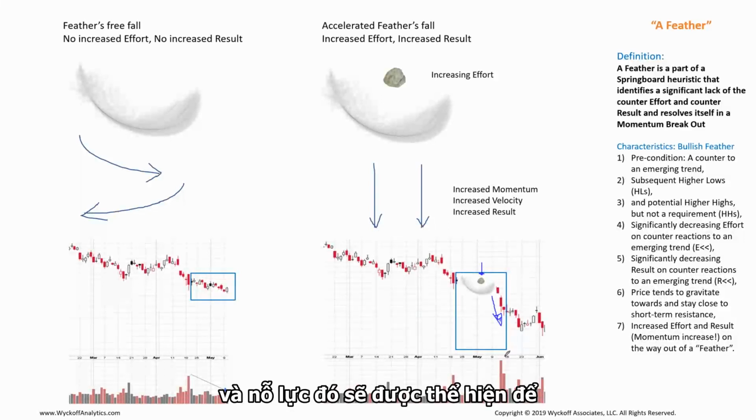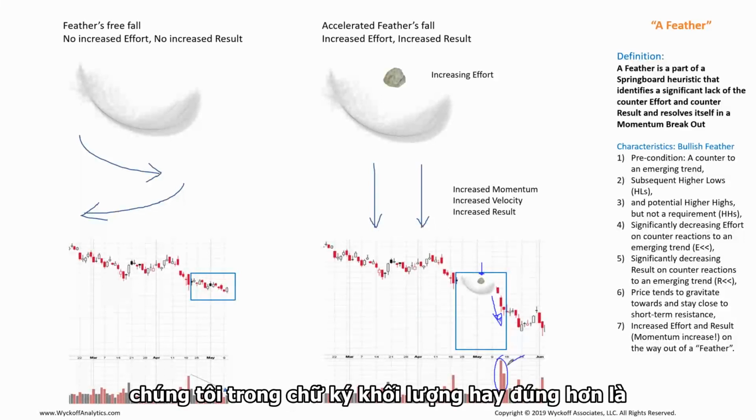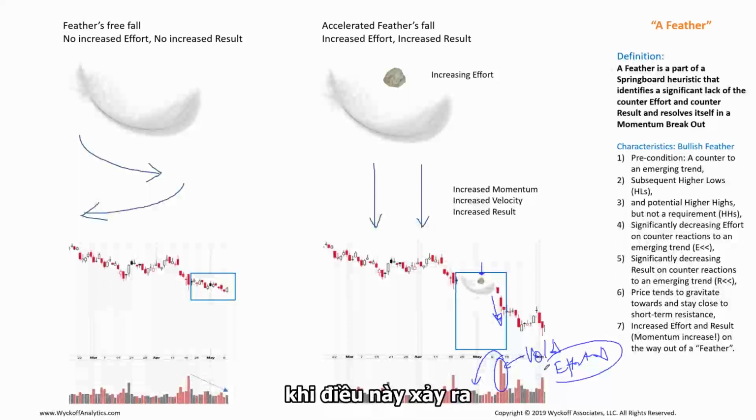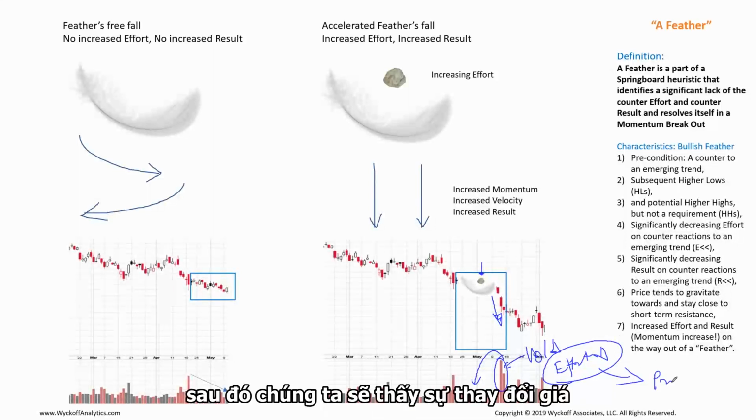And that effort is going to be shown to us in the volume signature, or rather the change in the volume signature. Right? So volume change, effort change. As this happens, then we're going to see price change.